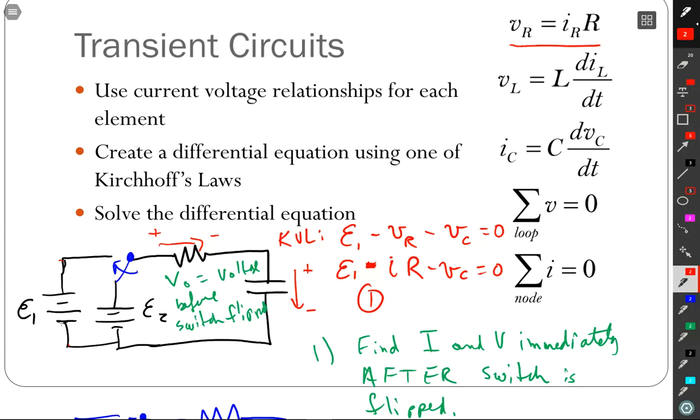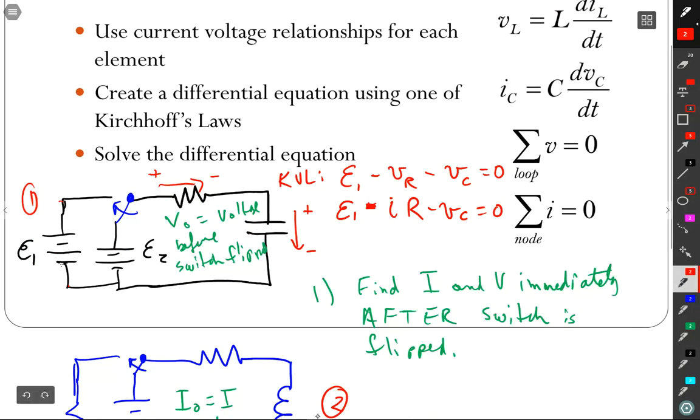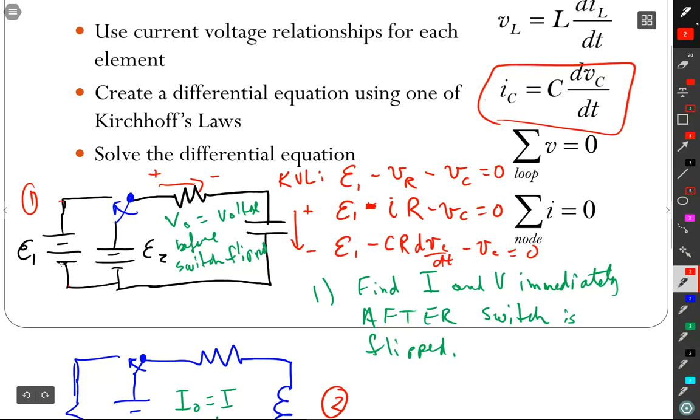There's VC and there's I in that equation. And so the last step is using this relationship to replace the I. So there I have my Kirchhoff's voltage law, my loop equation for the RC circuit.